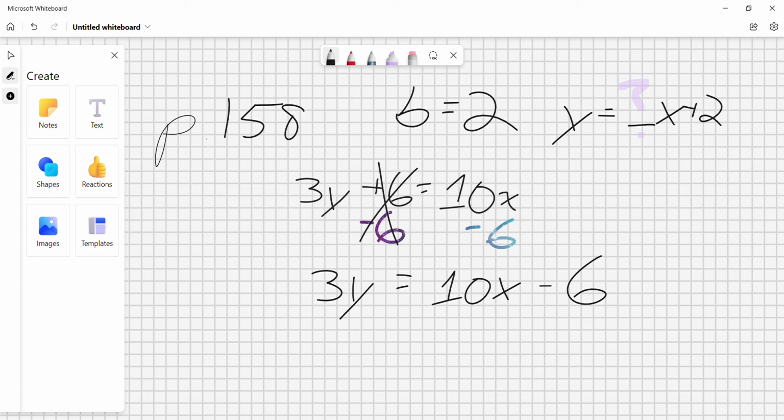Now, I want to divide both sides by 3. Dividing by 3 on the left side gives me y, which is perfect. And on the right side, I'll get 10/3 x. And negative 6 divided by 3 will yield negative 2. I have my slope.